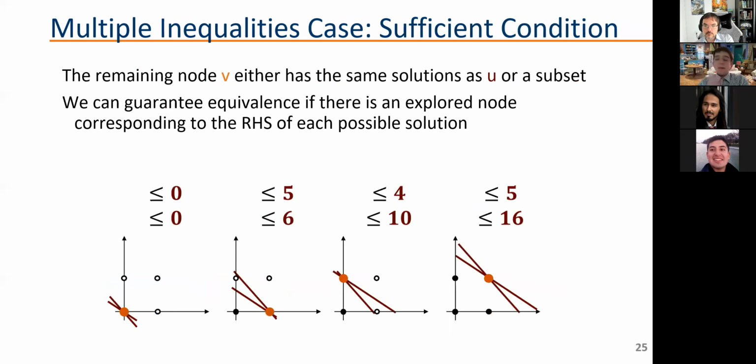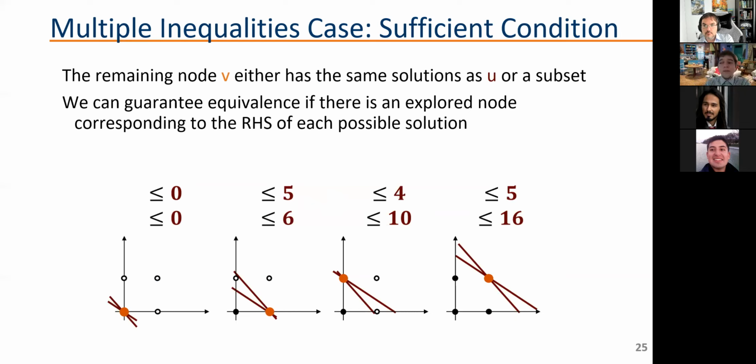Now, those are necessary conditions, but they're not sufficient. In order to guarantee that this match is sufficient, what you can do is pre-populate the set of right-hand side values to make sure that you have at least one vector corresponding to the tightest right-hand side values, including each possible solution on the remaining variables.